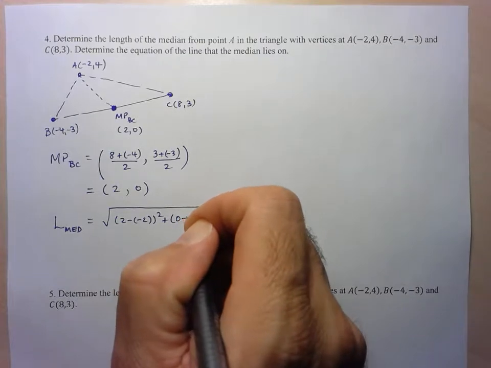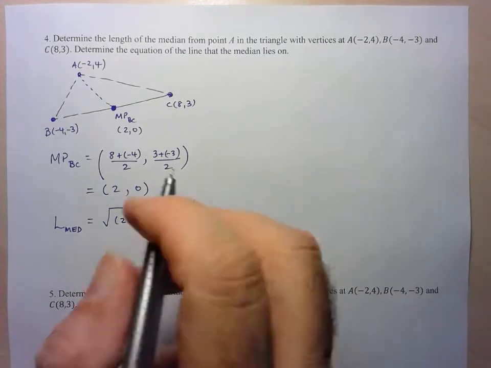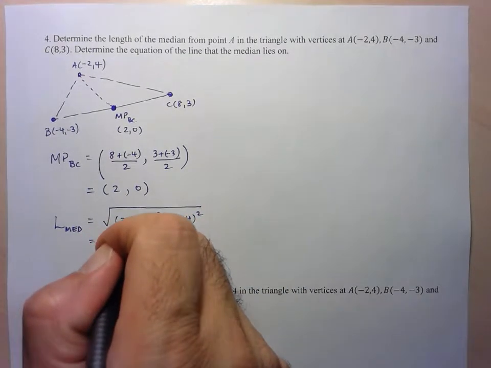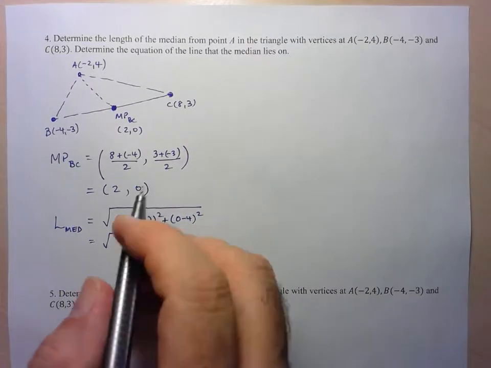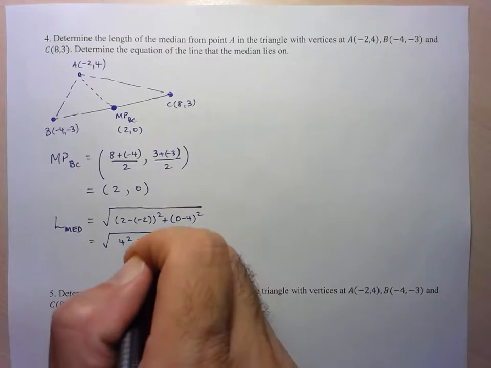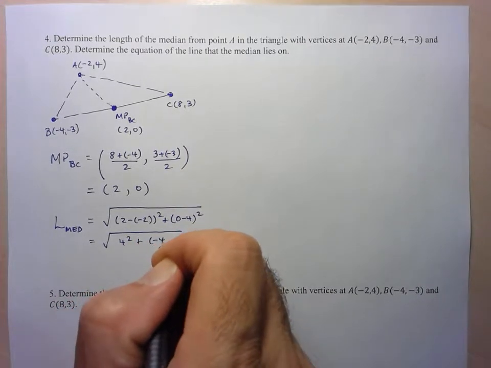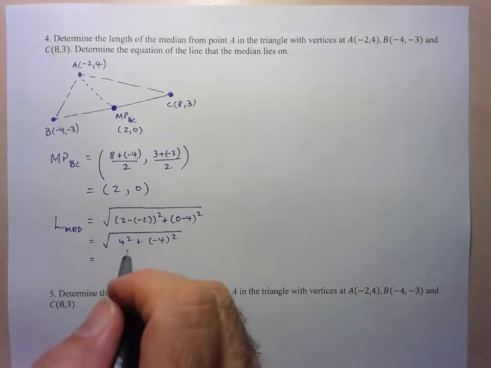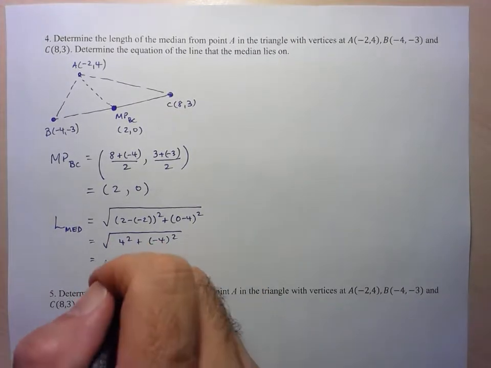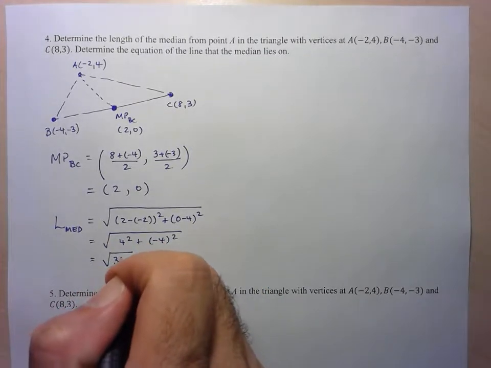Let's simplify this. We have 2 plus 2 is 4, so we have 4 squared plus, and this is just going to be -4 squared. I don't need my calculator here, I can do this in my head because this is 16 plus 16, so it's going to be the square root of 32.